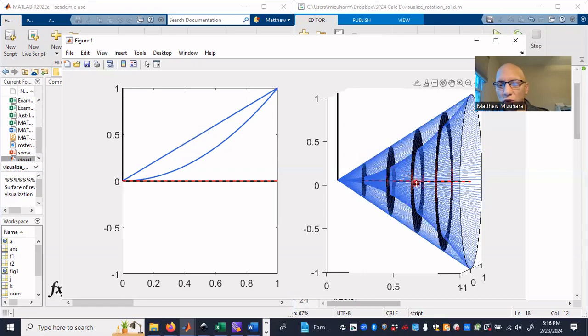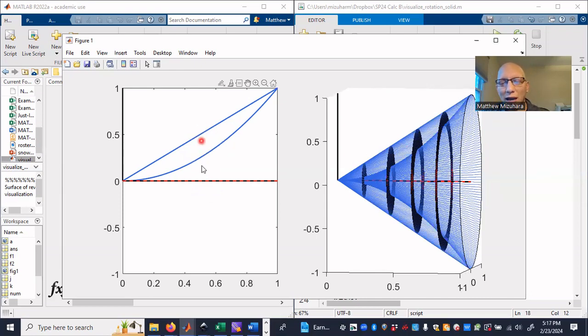Then I subtract from that the area of the inner circle, which is from the x-axis up to this inner curve, the distance from the x-axis to x squared. That's why in class we had the expression pi times x squared minus pi times x squared squared.